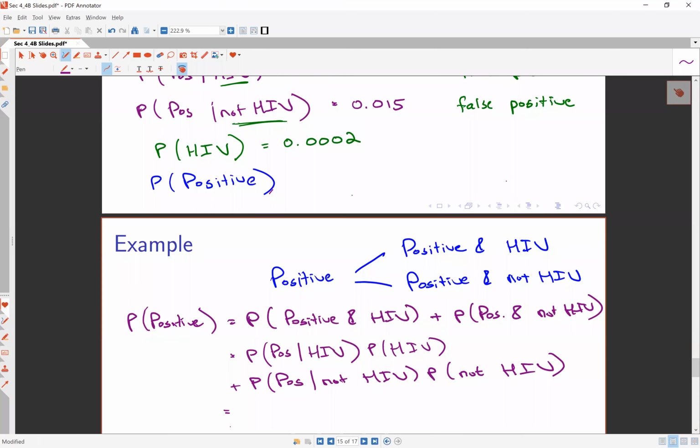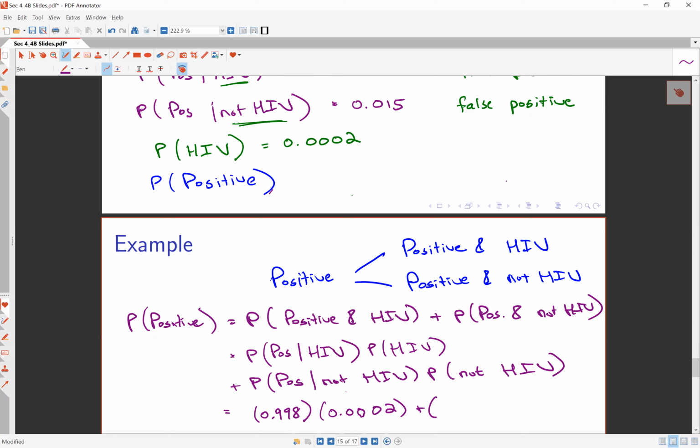Probability of being positive given that you're HIV positive, we wrote down, was 0.998. And the probability of being HIV positive, we know, is 0.0002. Next, we're looking at the false positives.